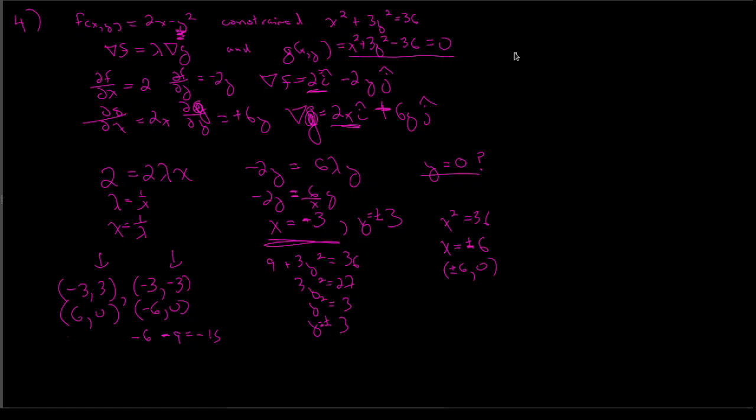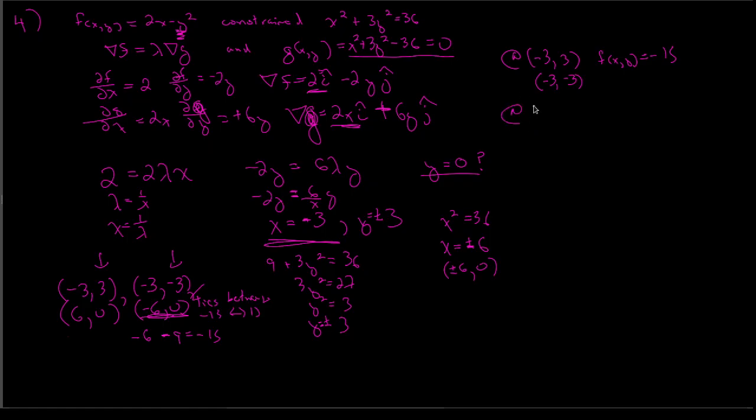So at negative 3, comma 3, and negative 3, negative 3, the function f of x, y is equal to negative 15. Now if I put in 6, the negative 6 gives me negative 12, but the positive 6 gives me positive 12. So this lies between negative 15 and positive 12.